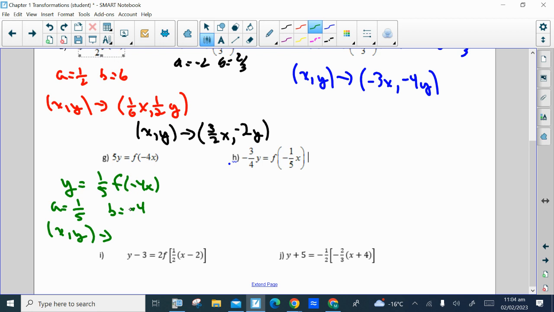You're going to multiply by -1/4. Right? The negative part will reflect it over the y-axis. The stretch factor is the reciprocal of b. So all the x values will get multiplied by -1/4. The y values will get multiplied by +1/5. It's been vertically stretched by a factor of 1/5.